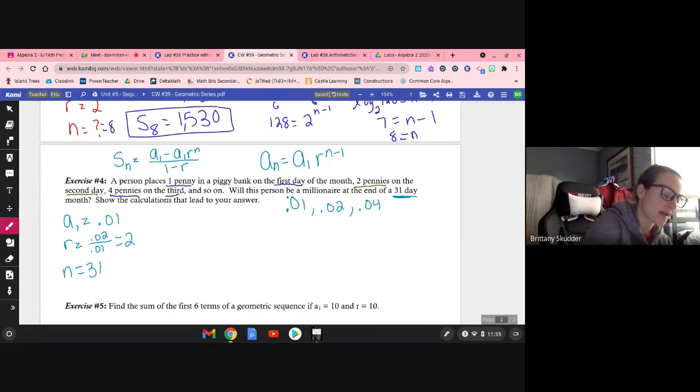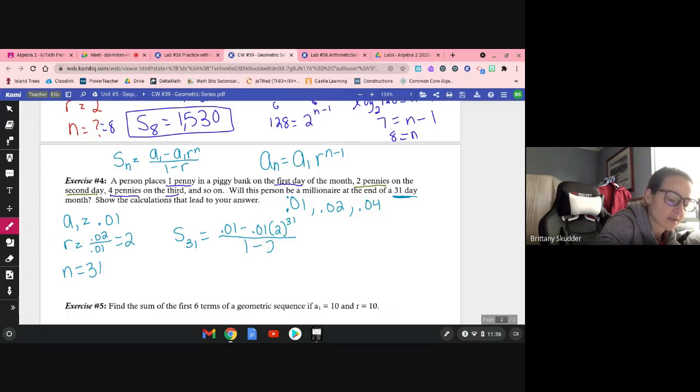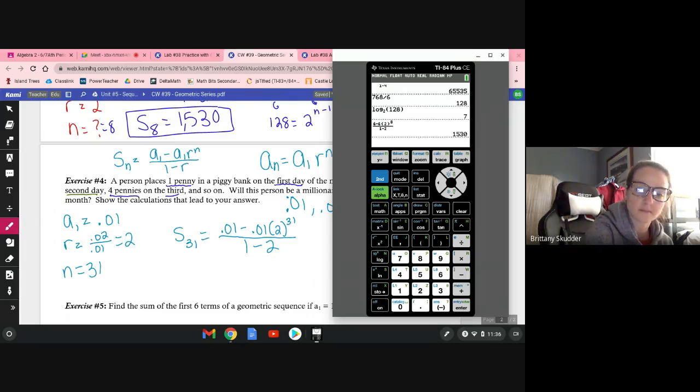Okay, let's plug that information in and see if we're going to be millionaires. So the sum of the 31 days is A1 minus A1 times R to the 31st over 1 minus 2. Alpha y equals, enter.